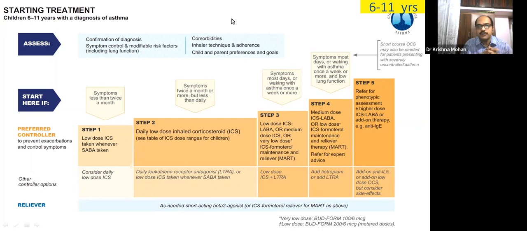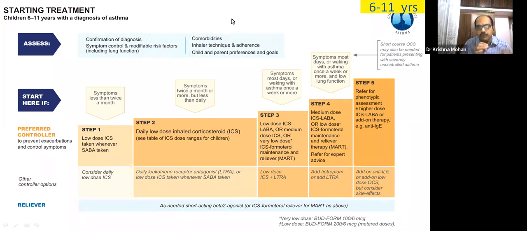From this stage, that is from step 4 onwards, if the patient is not getting control, there are other options available. One is tiotropium, and other drugs like omalizumab and anti-IL-5 antagonists like mepolizumab. These things are not commonly used in our setup.